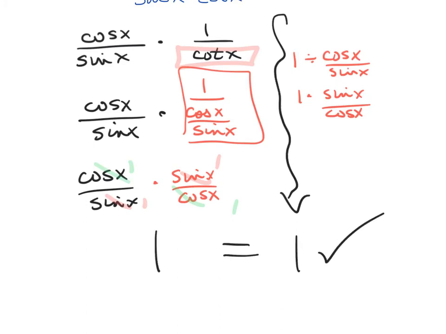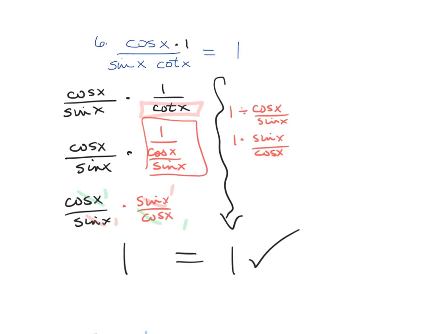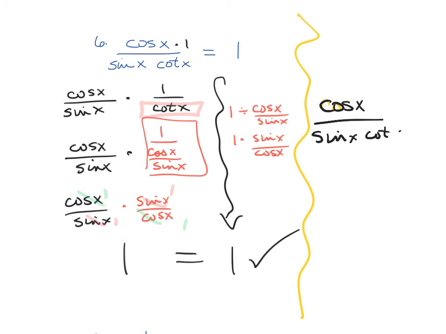Now, I'll show you a different way that you could have done this one, just to give you options here. So another way that we could have done this same problem is, again, cosine x, let me do it in black, cosine x over sine x cotangent x. What I'm going to do here is, instead of pulling apart, I'm going to change this into the quotient identity.